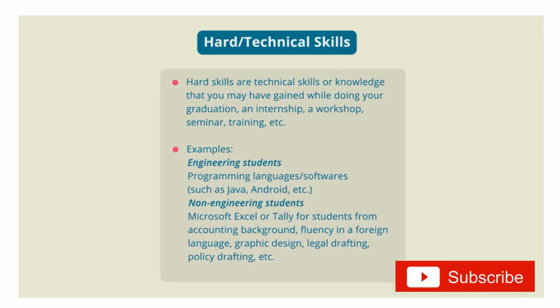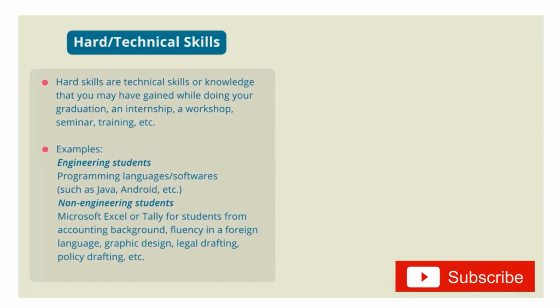Some other examples can be graphic design, legal drafting, policy drafting, instructional design, etc. So, this section on hard skills can be relevant for anyone, whether you are from a technical background or a non-technical one. Now, let's understand what are soft skills.